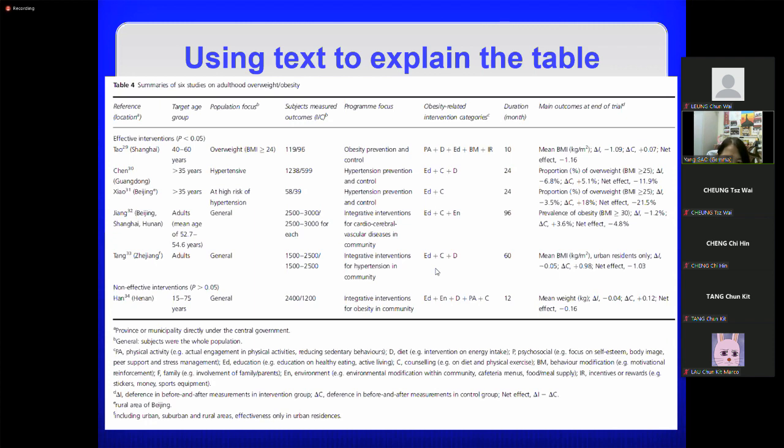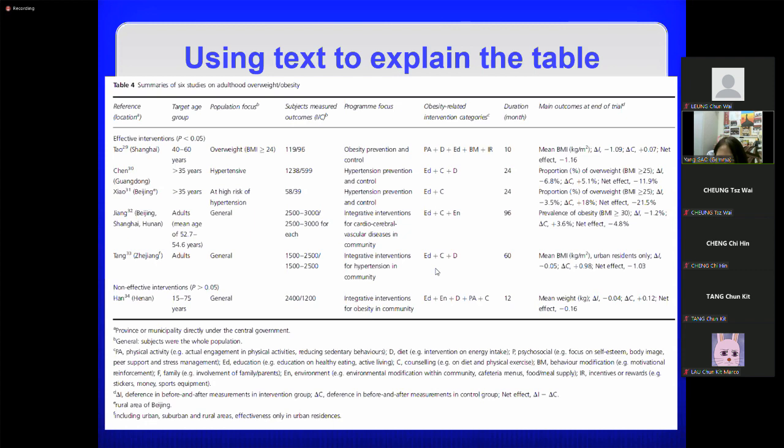The 2 columns, this one in terms of the age group, and this one in terms of the body weight classification, the number of subjects, and also the focus of the program. Some are for obesity prevention and some for hypertension. And here, I may introduce a little bit more about what the brief is.